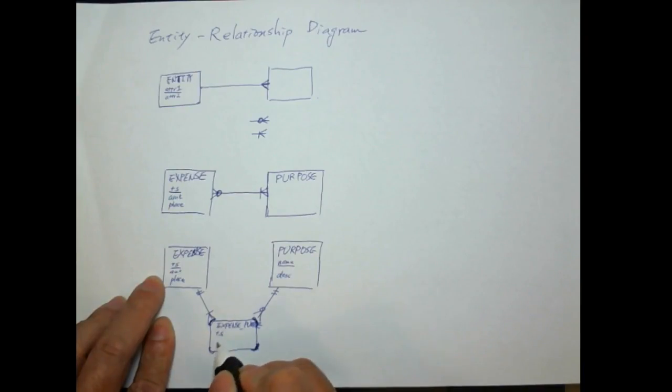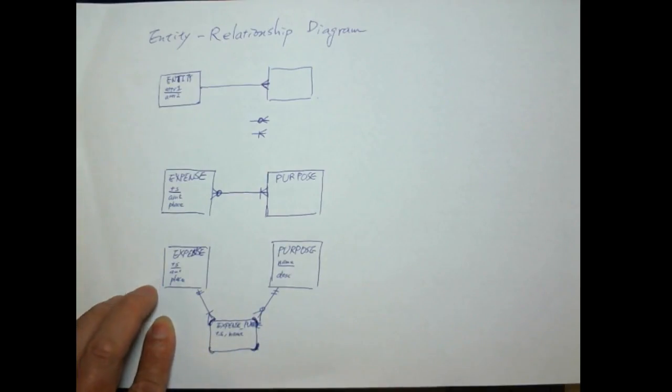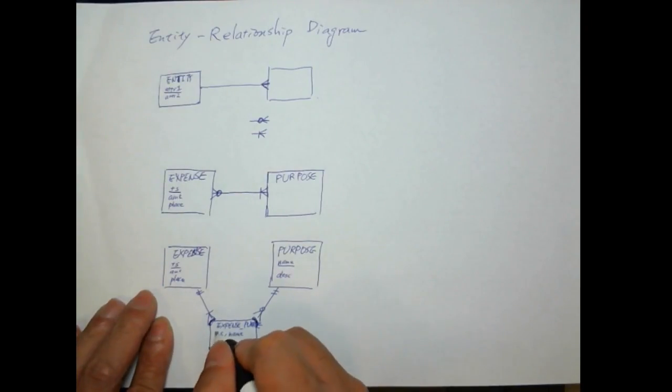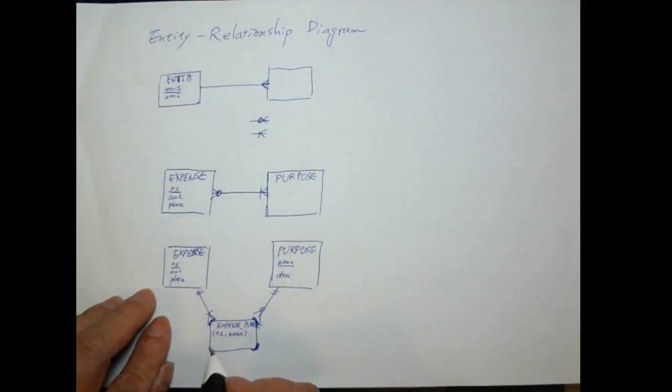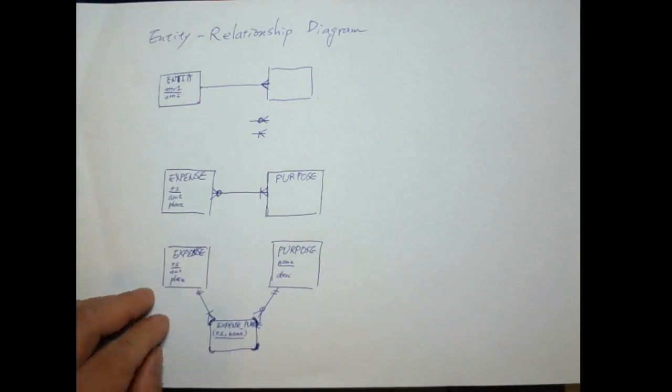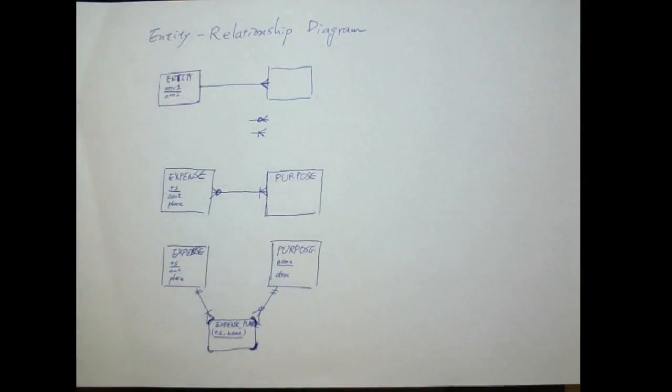On the ERD, a composite primary key is a comma-separated list of the key components in parentheses. So we use parentheses to group a few attributes as a composite attribute, and then use an underline. Actually, sometimes we use a name to distinguish the composite attribute.